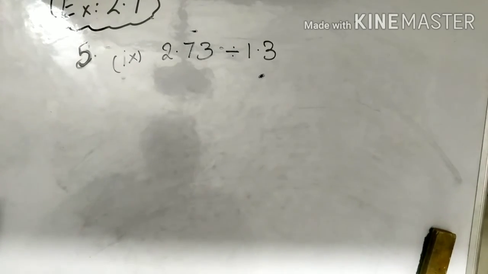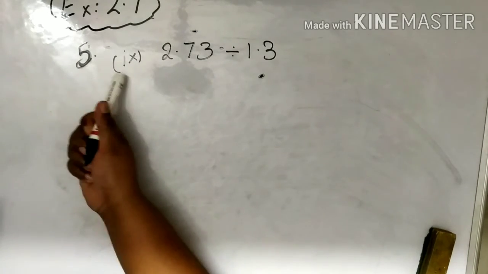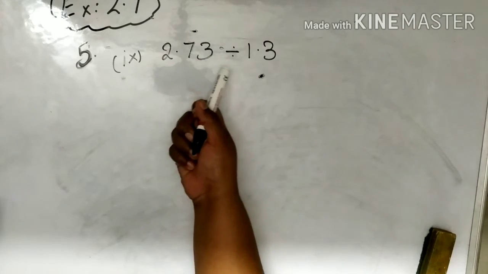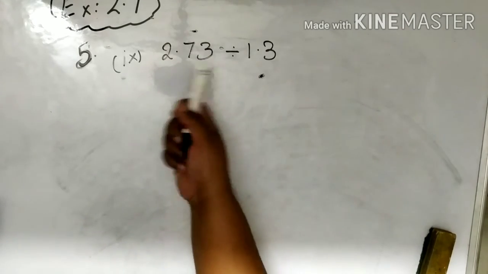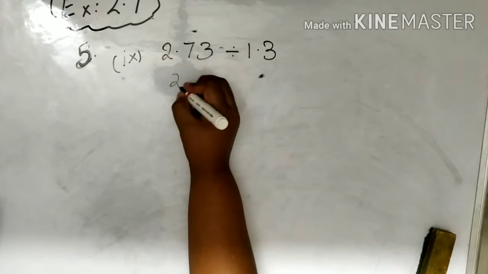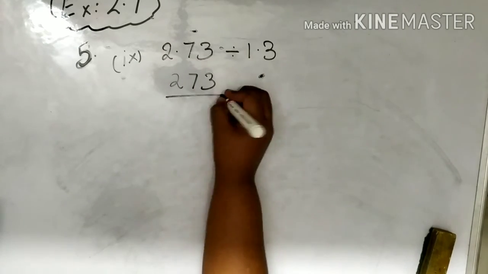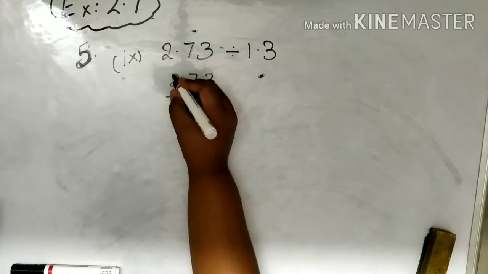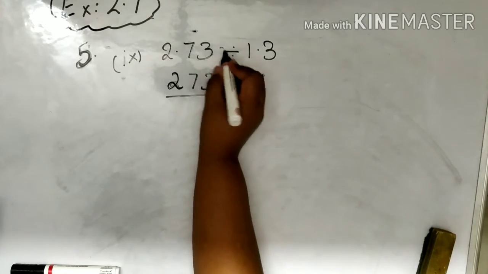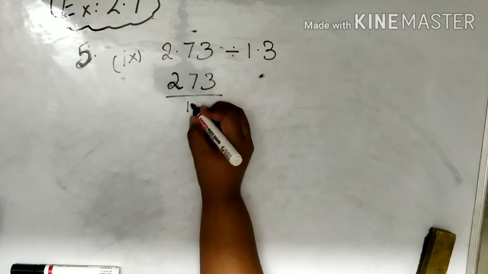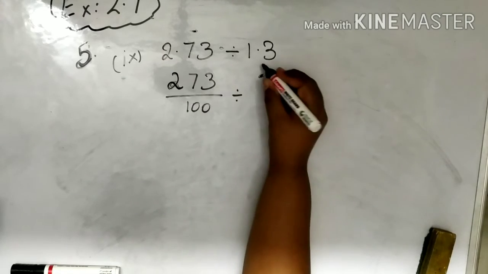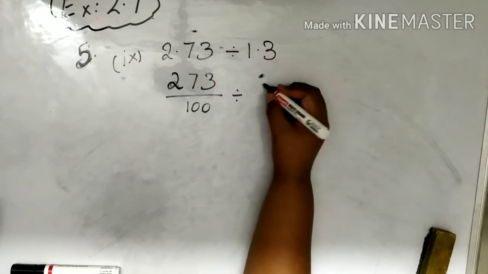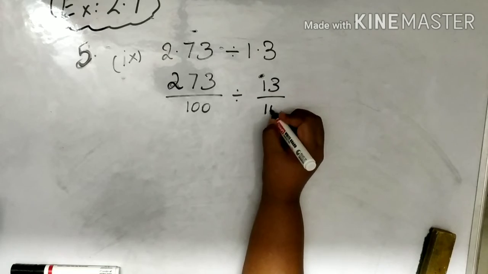Let's see one more example. Let's see the fifth question, ninth part. 2.73 divided by 1.3. Convert both the decimals into fractions. 273 divided by 100, since 2 places after decimal, and then 1.3, 1 place after decimal, can be written as 13 by 10.